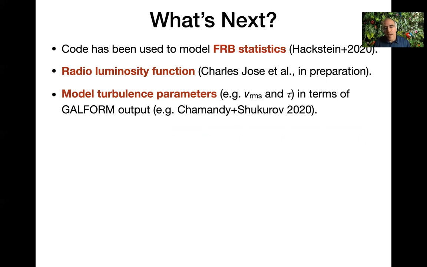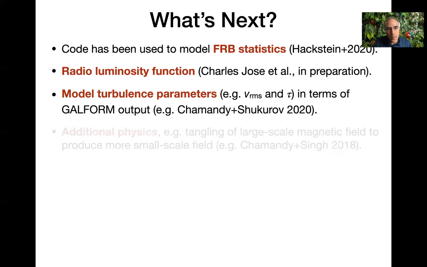So right now in this model I've described, we have v rms equal 10 kilometers per second, and tau, the correlation time of turbulence, also a constant. But now we know, using analytic theory, how to model these in terms of parameters from Galform. So if we better model these dynamo parameters, we can have a more sophisticated type of model. So that is a next step.